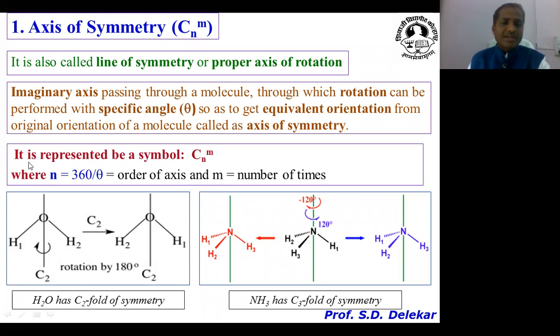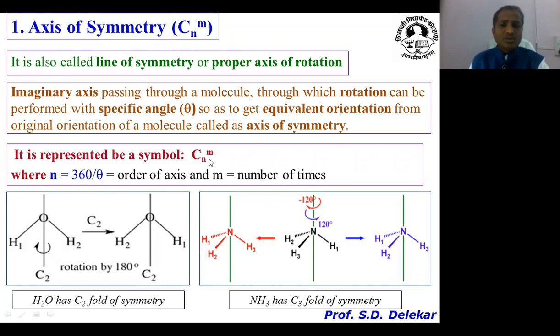Symbolically, it is represented by the symbol Cn raised to m. Here n is called the order of the axis, or the fold, and the n value is calculated with the formula n equals 360 divided by theta, where theta is the angle of rotation. And m is the number of times we perform the rotation: one time, two times, three times, like that.